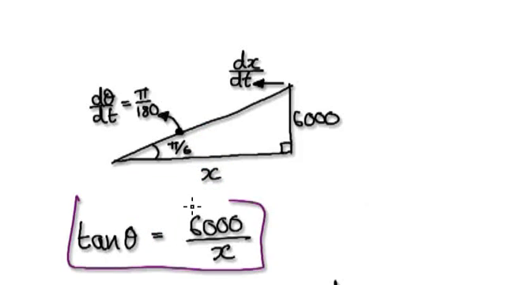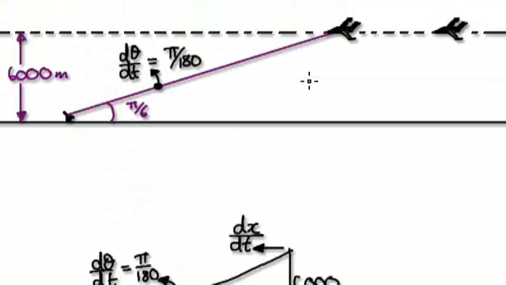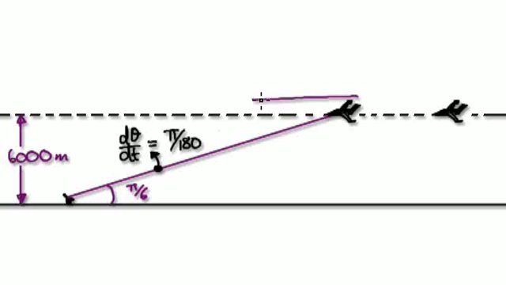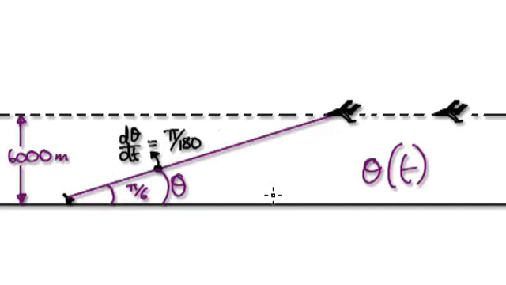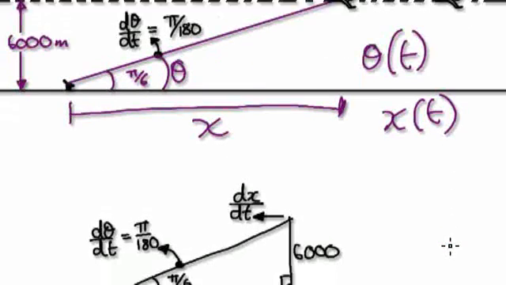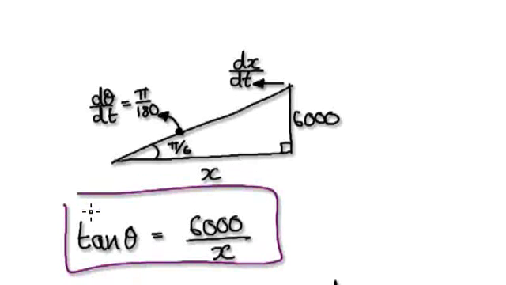Bear in mind what's going on as well. As the plane is flying through here, over a period of time, theta is a function of time. And if we call this x here, as time goes by, x is also a function of time. Then you use implicit differentiation.